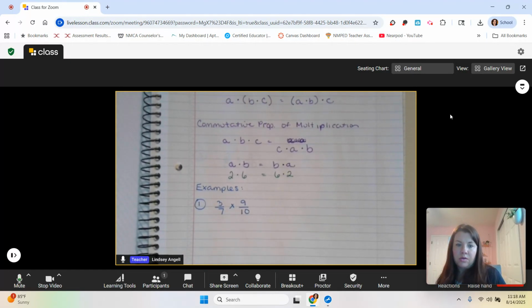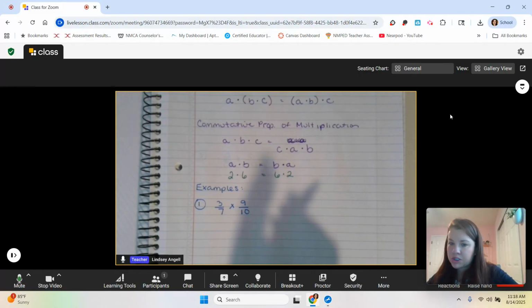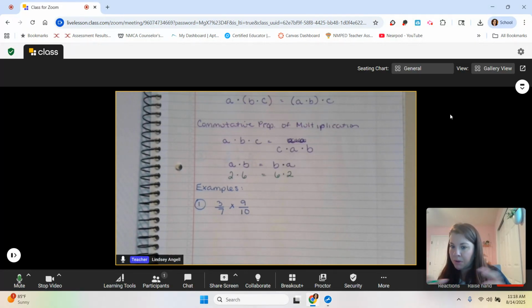All right. With my first example, 3/7 times 9/10, there's a couple things that we can be looking for when it comes to multiplying with fractions. One of those being, do any of my numerators have anything in common with my denominators? So we can pull out those common values ahead of time before we multiply, and it can make our lives a little easier.